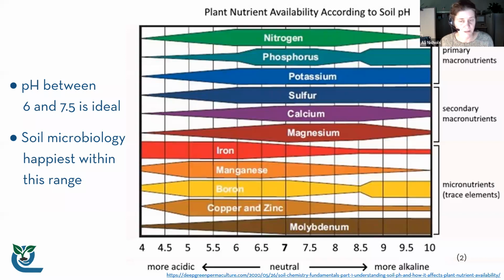Although there are exceptions, this chart indicates how the availability of different nutrients varies with pH. You can see there's definitely a sweet spot, where the width of the band indicates availability, between about 6 and 7.5.